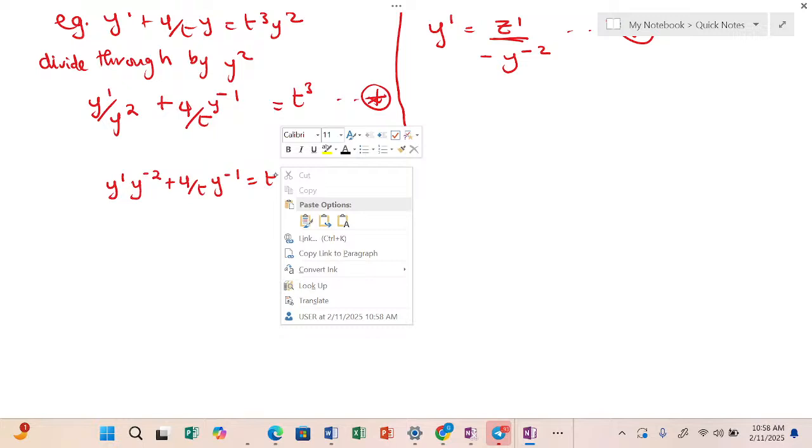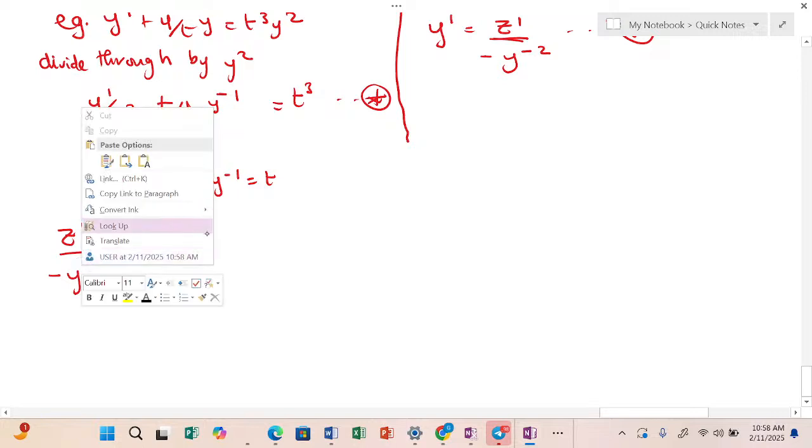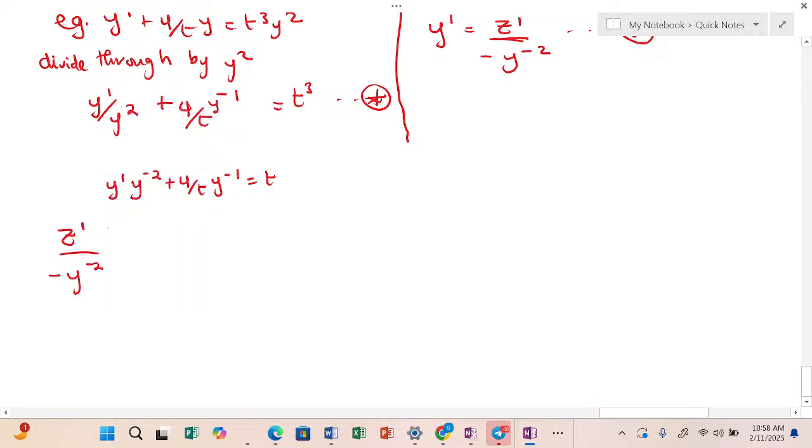When we do the substitution, in place of y prime we put z prime over negative y to the power negative 2, and that is multiplying y to the power negative 2 plus 4 on t, and in place of y to the power negative 1, we put our z, is equal to t cubed.